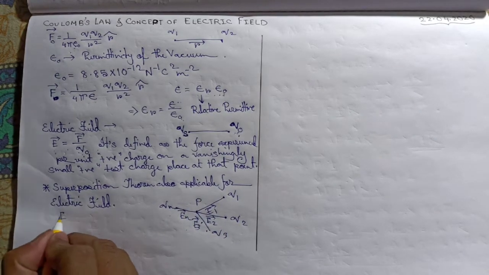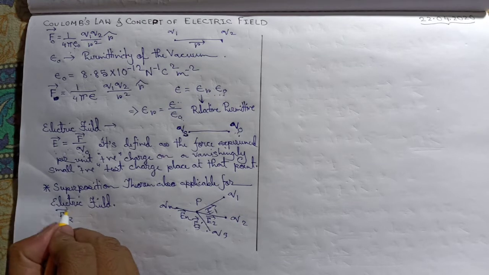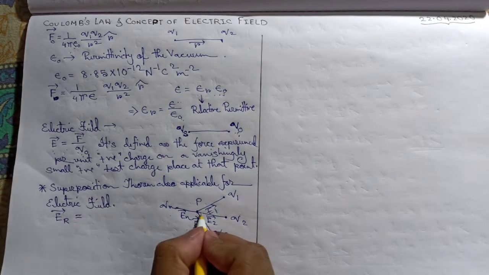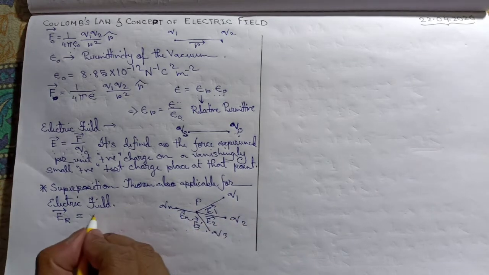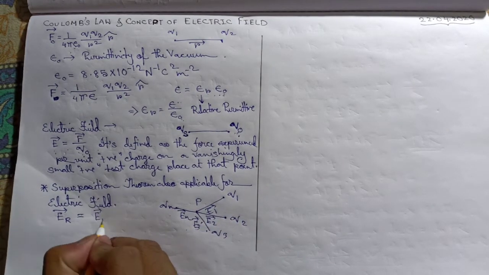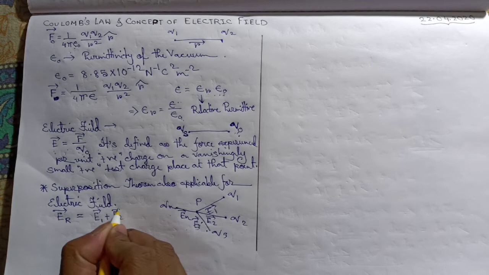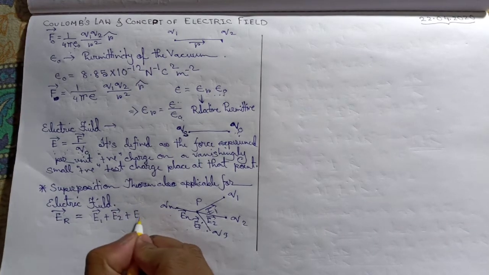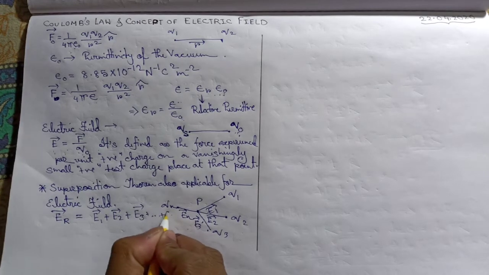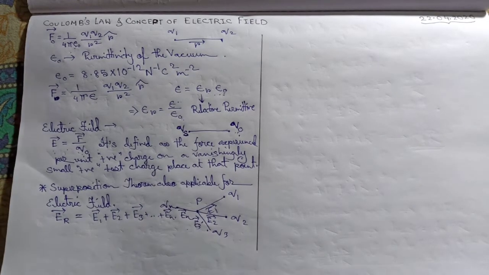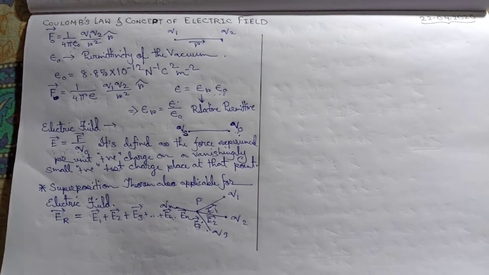So to find the resultant E at the point P due to all charges, we can just find the individual electric fields and add them. They will not mutually affect each other. That is the superposition theorem. We will apply it later on in the dipole portion.